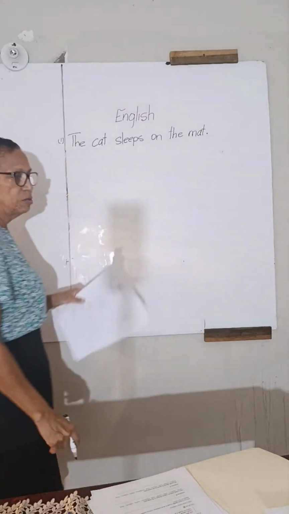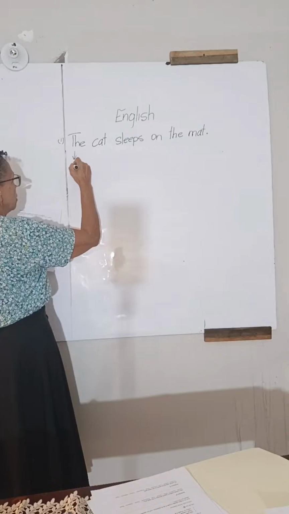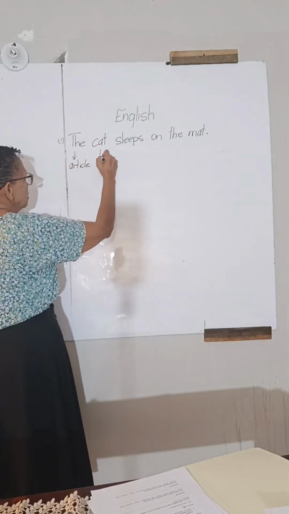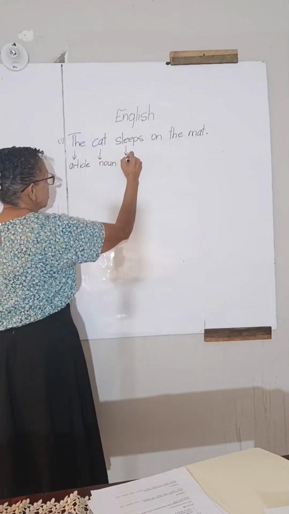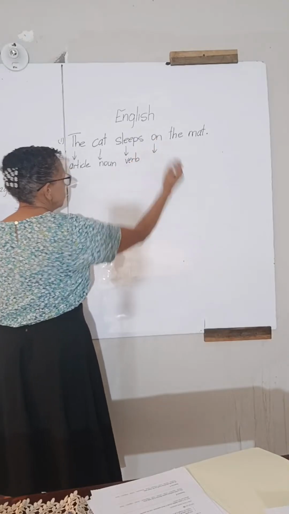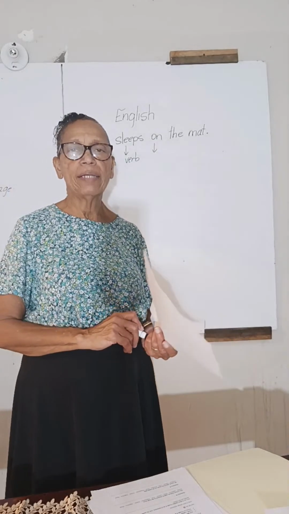Let's go now, do this one. The, article, definite article. Cat. Sleeps, verb. On. What is on? O-N.